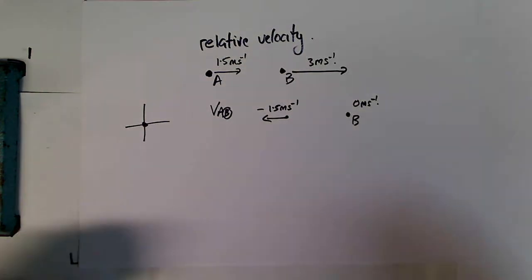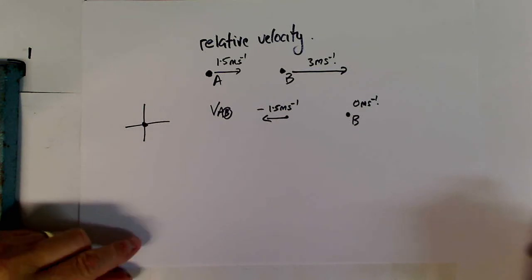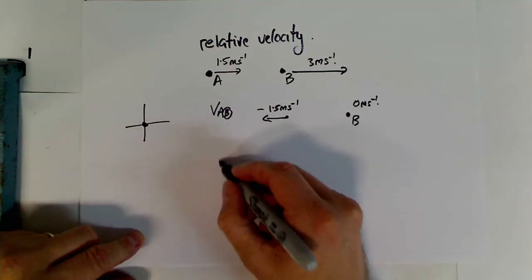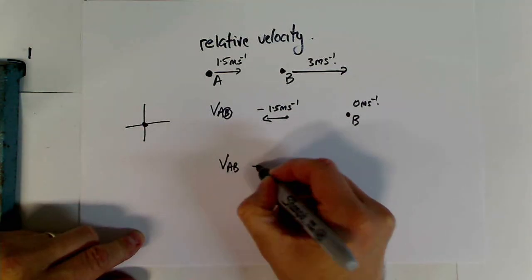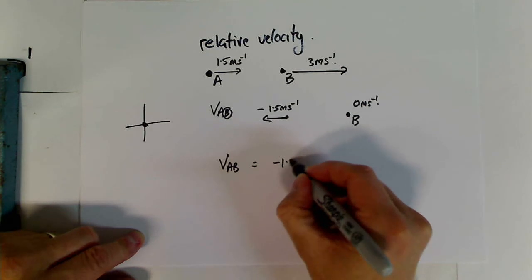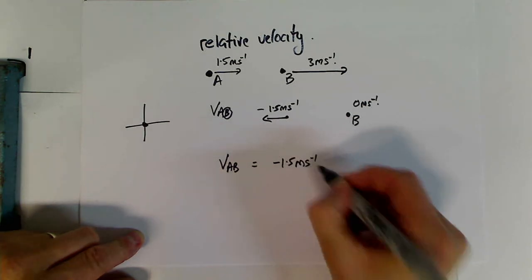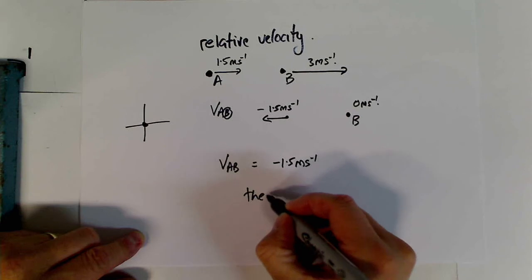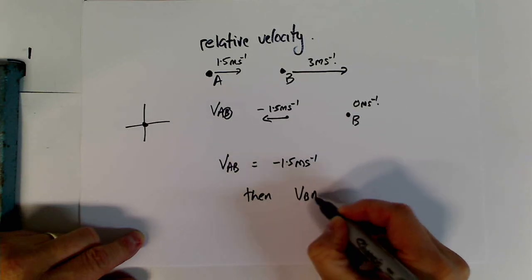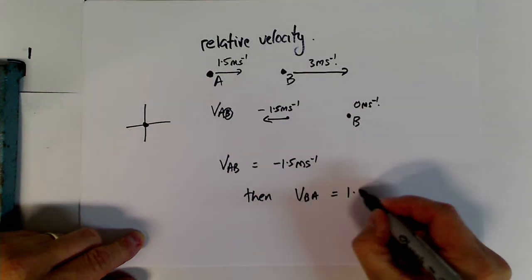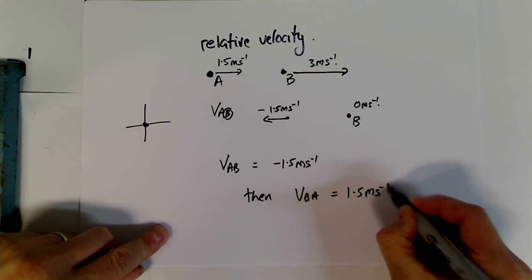Now, a few things I want to make clear before I go into the next bit. If you've got VA relative to B equals minus 1.5 meters per second, then you can say VB relative to A is equal to 1.5 meters per second.